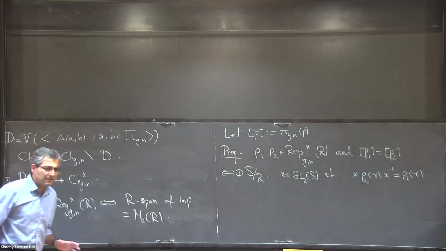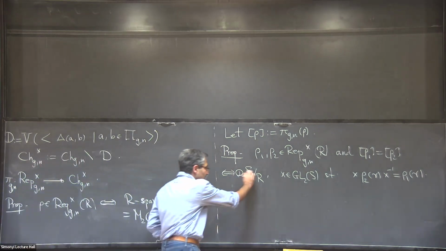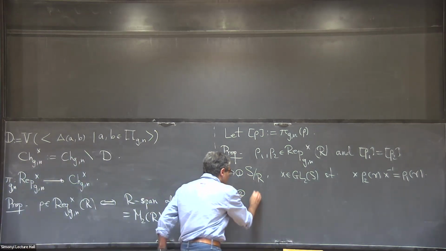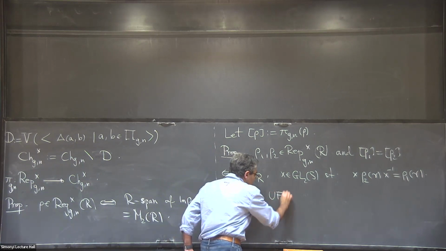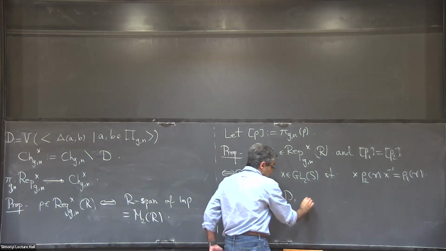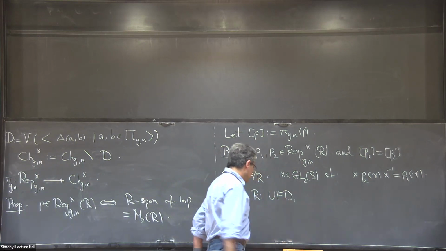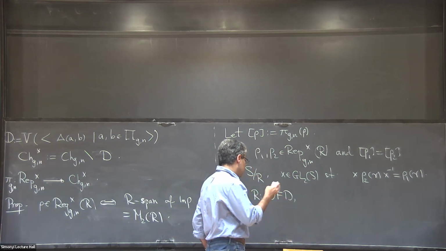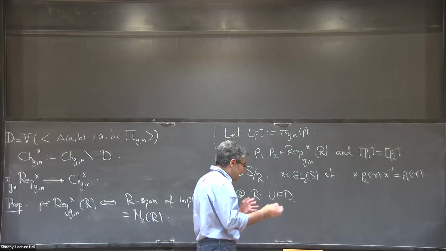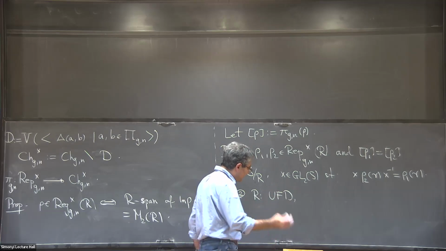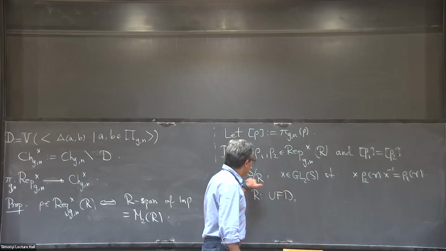So this ring extension is kind of restrictive. For instance, if R is a UFD, or if every finitely generated projective module is free, then it's going to be again the same ring.